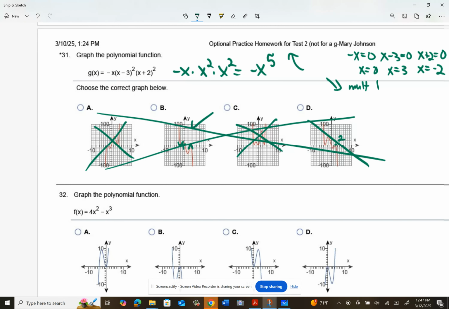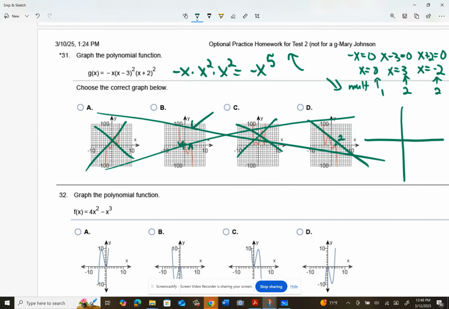This one would have multiplicity 1, this one multiplicity 2, this one multiplicity 2. So then what you're going to do at that point is draw your x-axis, locate the 3, plot the x-intercept of 0, and plot the -2.